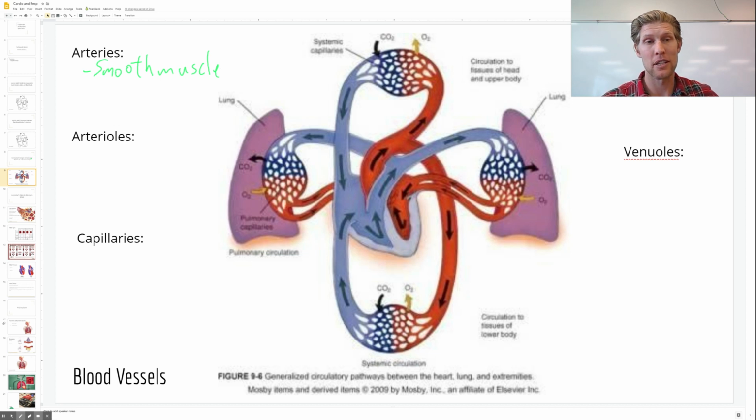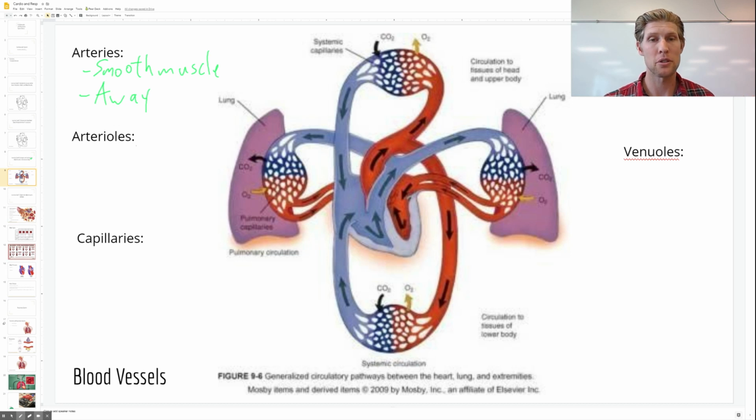Now, the next thing that happens is it goes through, so blood's coming. So arteries are anything that carry blood away from the heart. Away from the heart. Now, I've heard the common misconception that arteries carry deoxygenated blood.